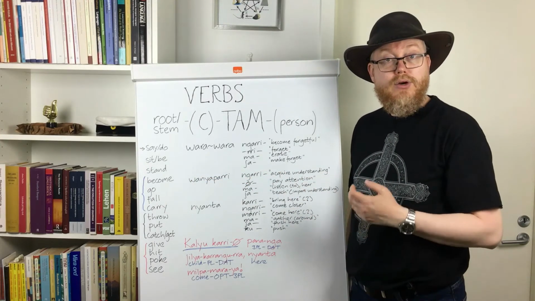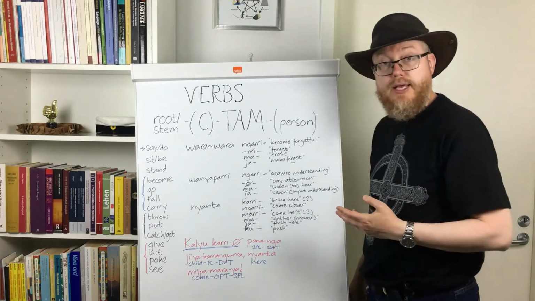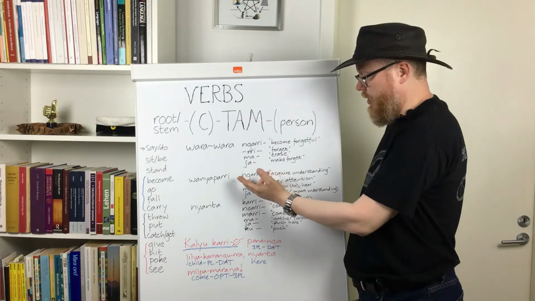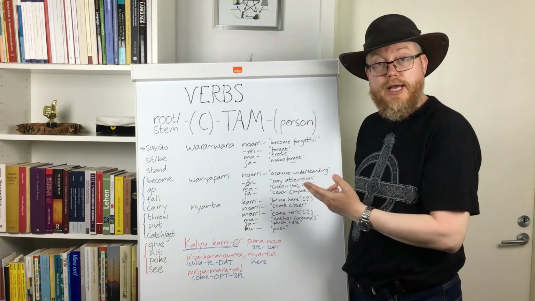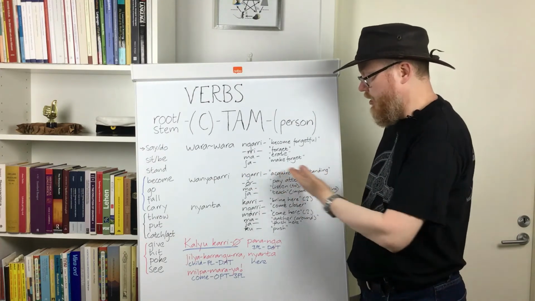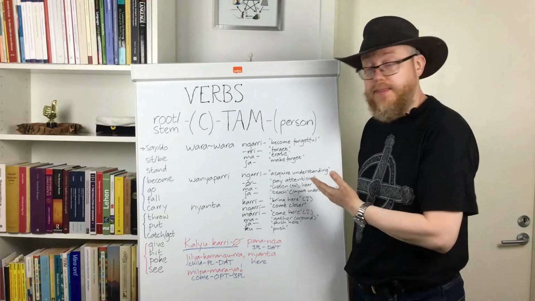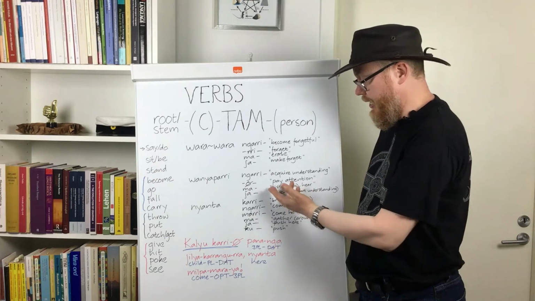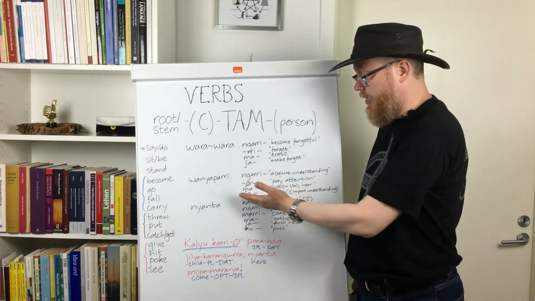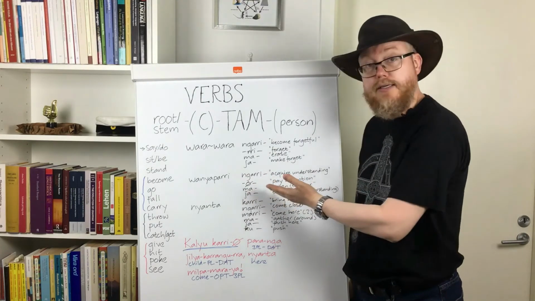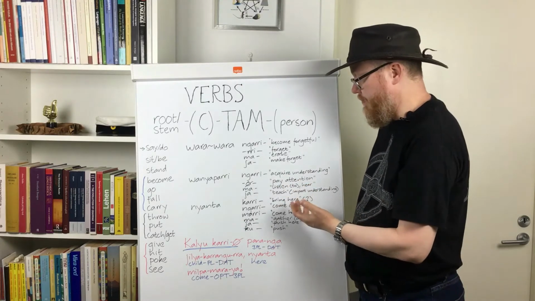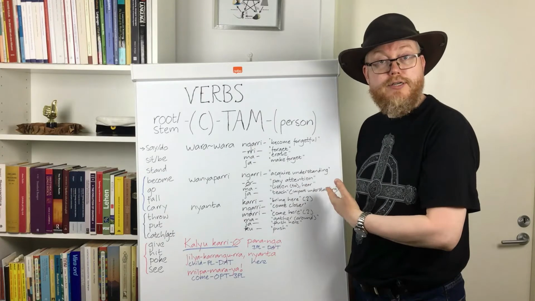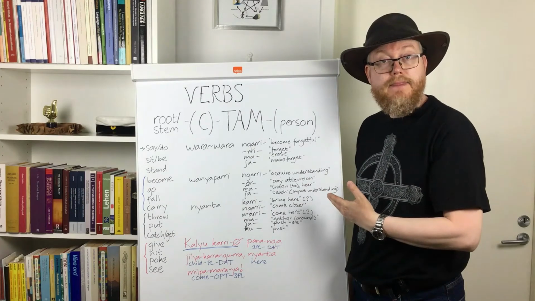Wanyabari occurs together with 3 inflecting verbs, with ngari, creating the sense acquire understanding, with ma, the verb meaning listen to, and with ja, the verb meaning teach, that is, impart understanding.